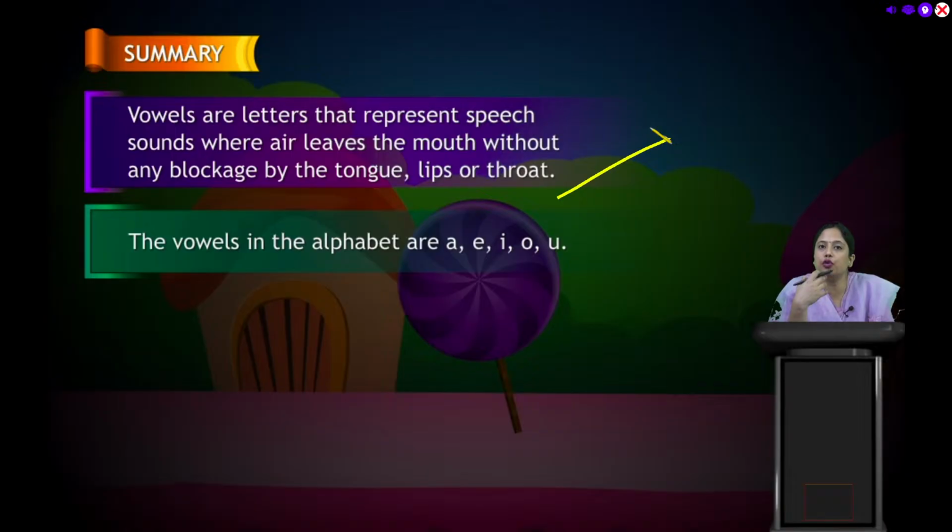We don't use our tongue, our teeth, our lips or throat. There is no blockage of air passage. So when we say A, E, I, O, U, we don't touch our lips.